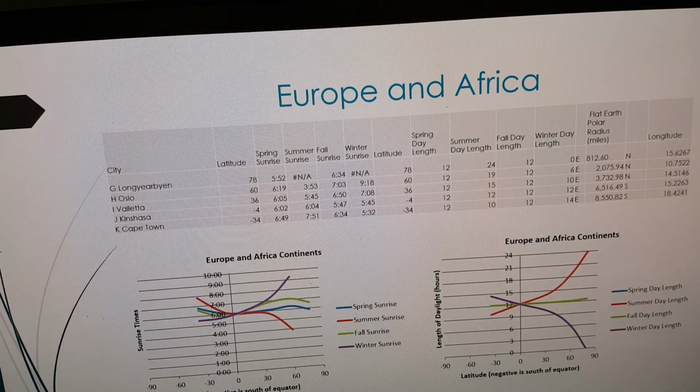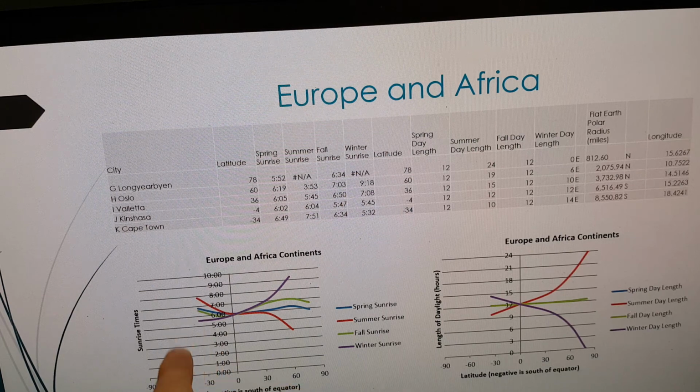For Europe and Africa, we get the same thing, almost identical. You still see that for the spring and fall equinoxes, the sunrise is between 6 and 7 a.m. all the way across latitudes.